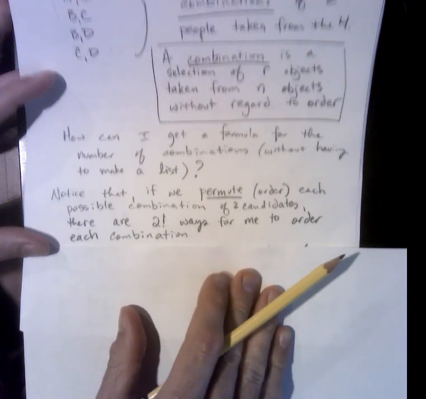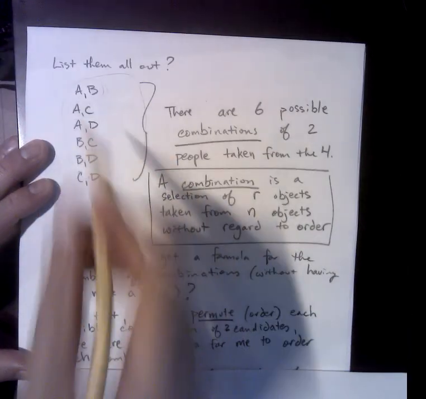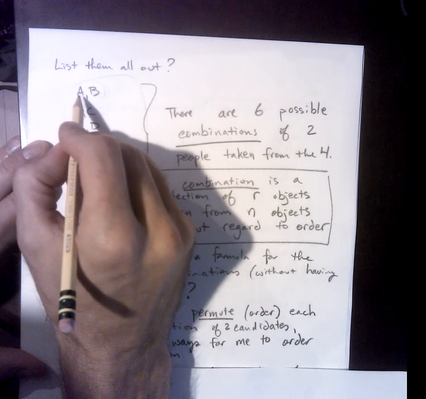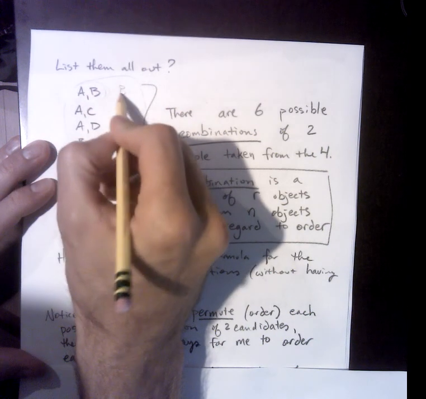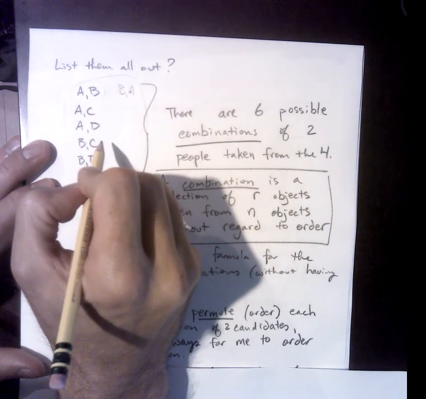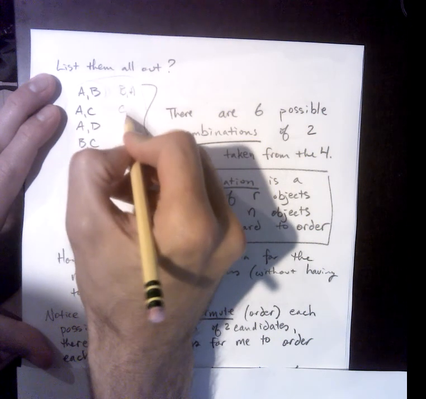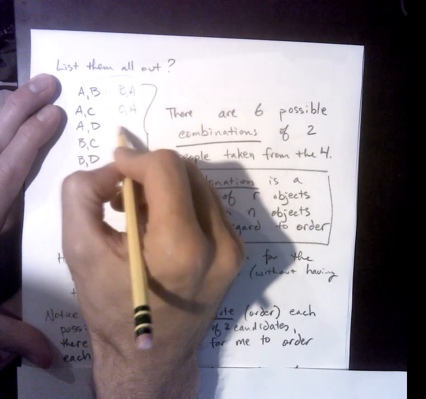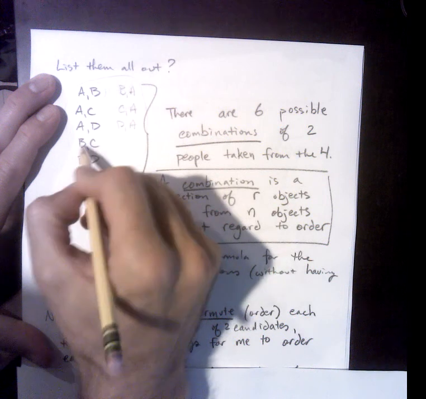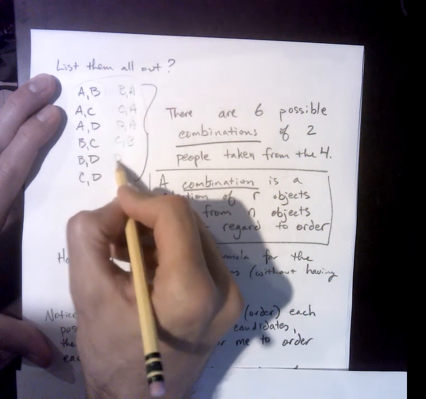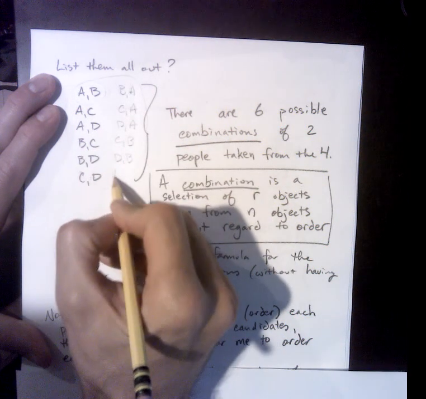So back up here, there are 2 ways for me to order Alice and Bob. I could either order them A and B, or I could order them B and A. There are 2 ways for me to order Alice and Carlos, AC or CA, and AD and DA, BC and CB, BD and DB, CD and DC.